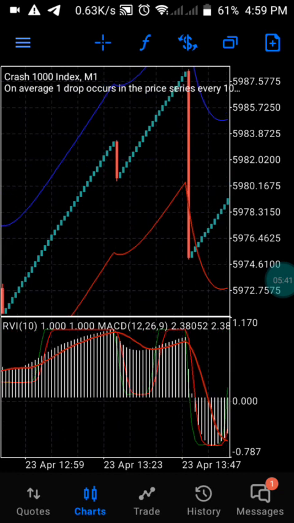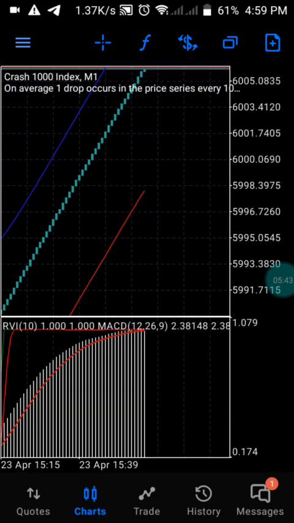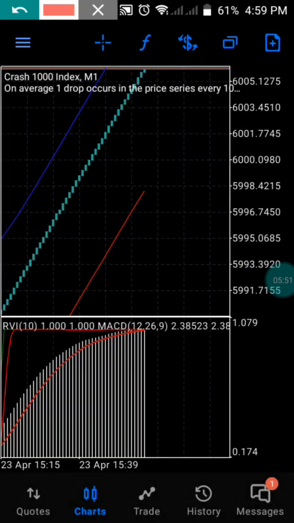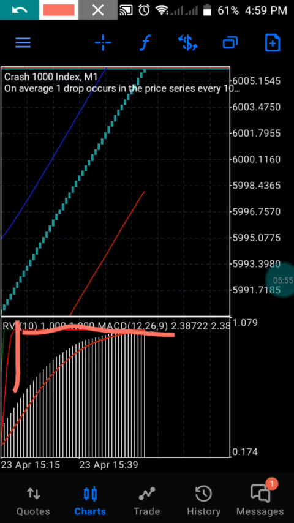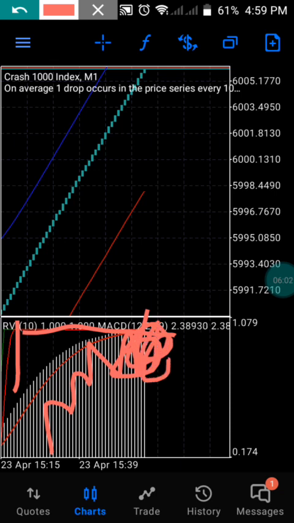I told you to set your settings on that F at the top there. So we are expecting a spike at this particular level now, because we can see that our two lines come together to form a straight line, and our histograph is moving towards that down level. So we're having a downtrend, and we're waiting for our blue line to enter this and come out at this particular level when the spike starts.